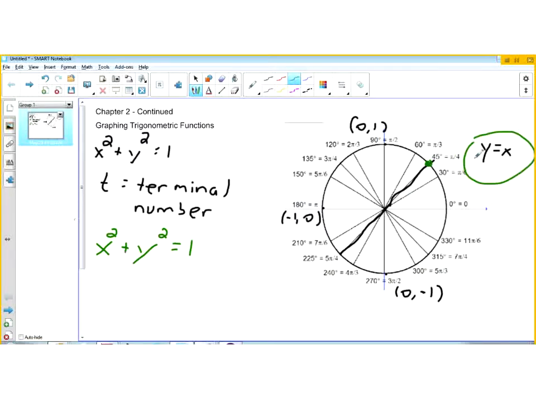So we plug in x for y, and we have x squared plus x squared equals 1. So we have 2x squared equals 1, and so x squared equals 1/2.